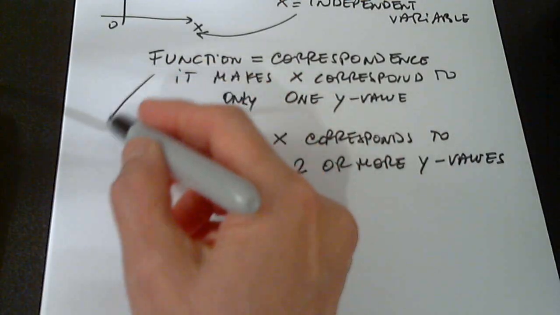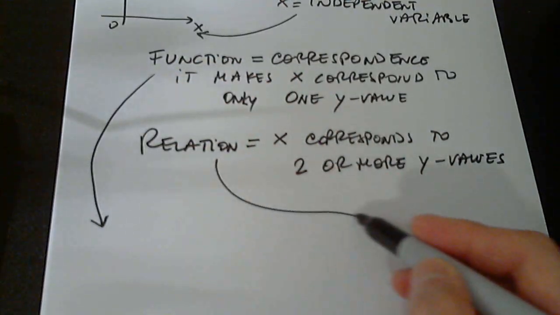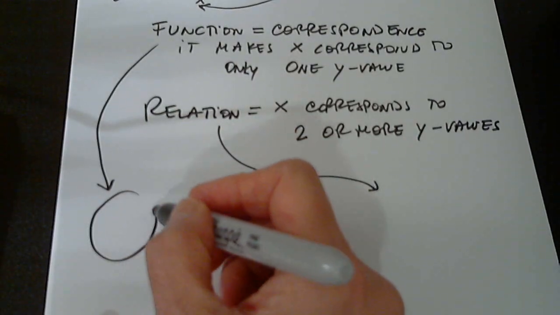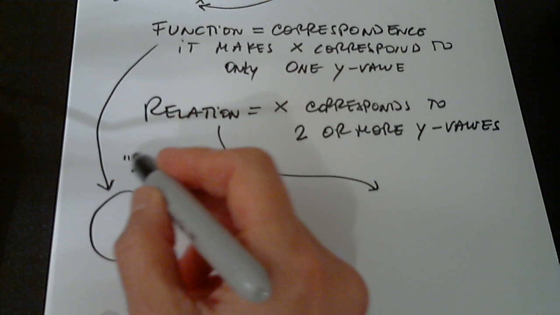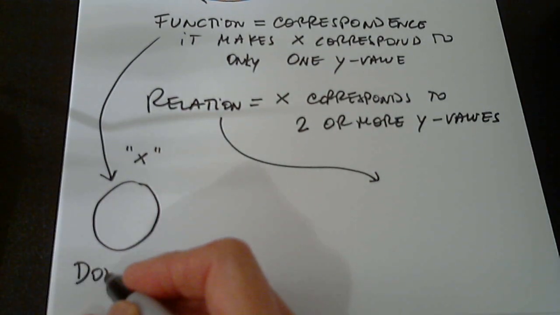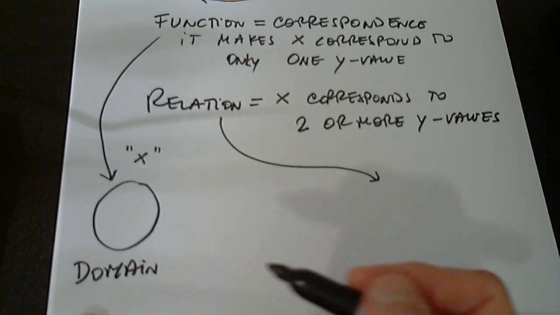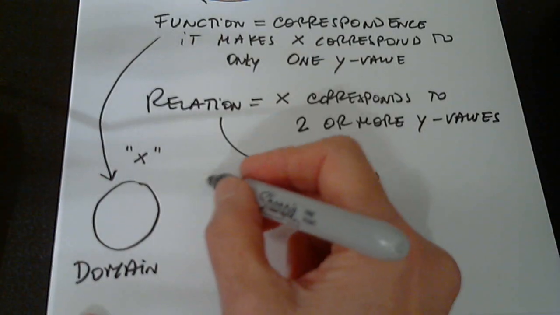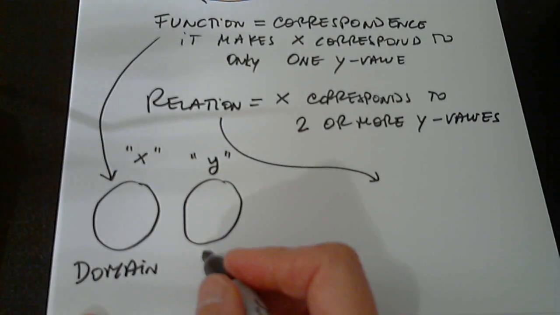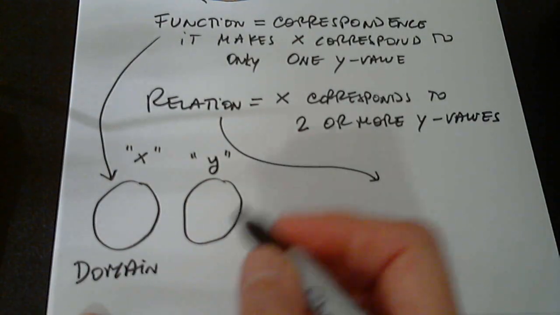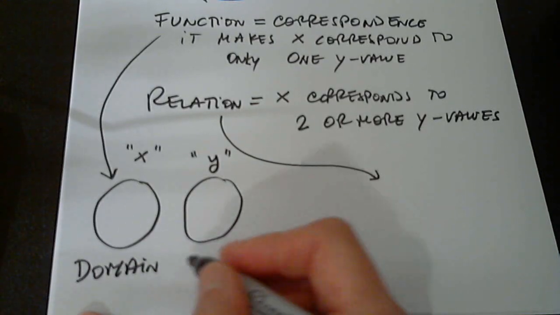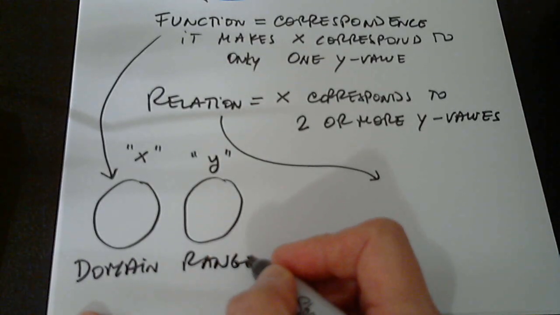So here's an example of a function, and this will be an example for a relation. Let's say I have a set of x values. This is what we normally call domain. And I have a set of y values, which we always call, anyone remembers how we call this? It's okay if you don't. I'm going to write it anyway. Range? Yes, excellent. Thank you very much.